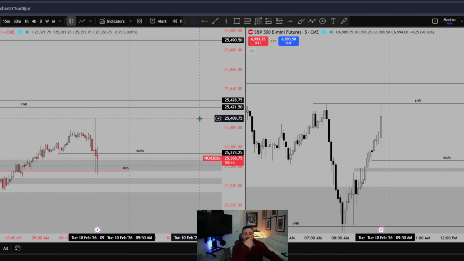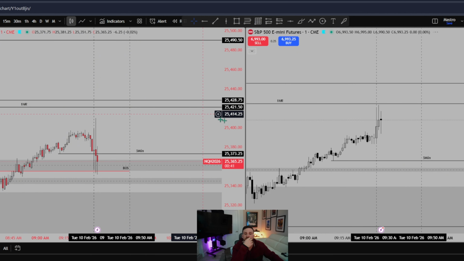All right, NASDAQ took out these 5-minute lows. ES is looking like it wants to continue higher, so let's see.